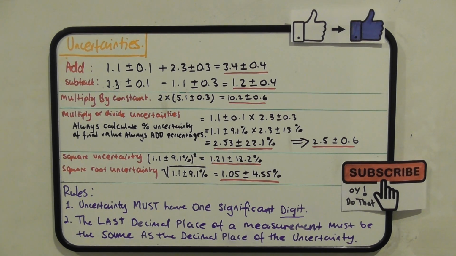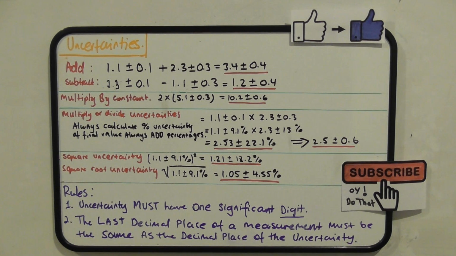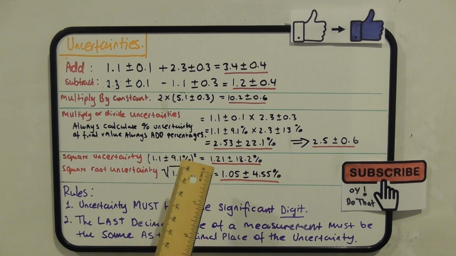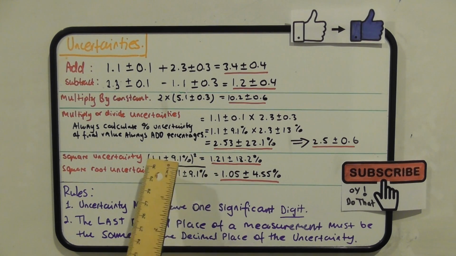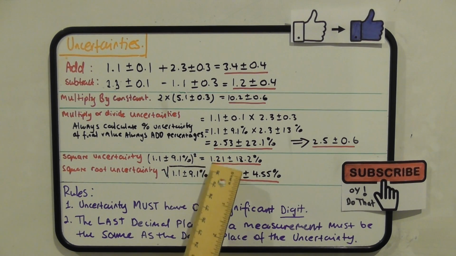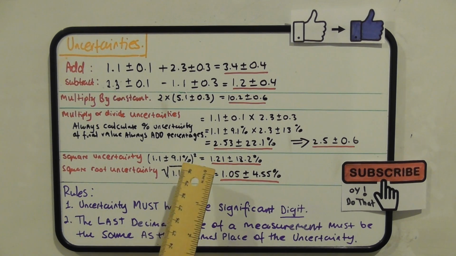And finally, if you were to square a value with an uncertainty, say you went 1.1 plus or minus 9.1%, you would perform the square operation on 1.1, so that would be 1.21, but then you would multiply that uncertainty by 2.